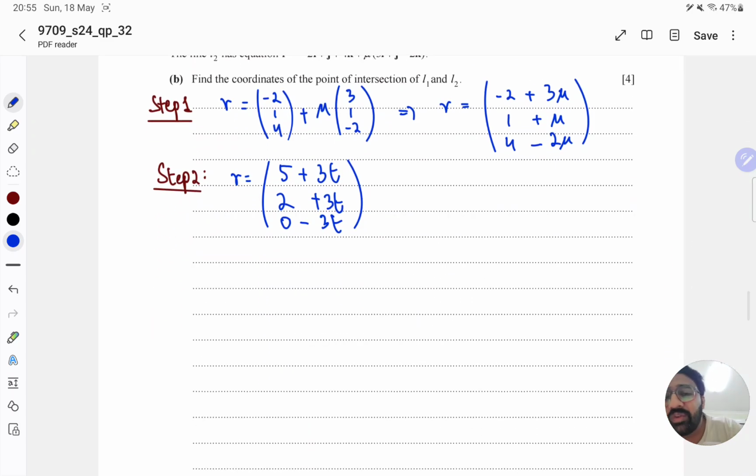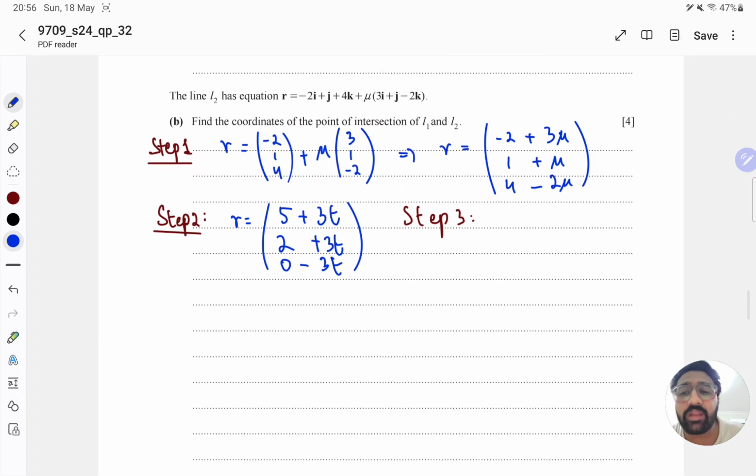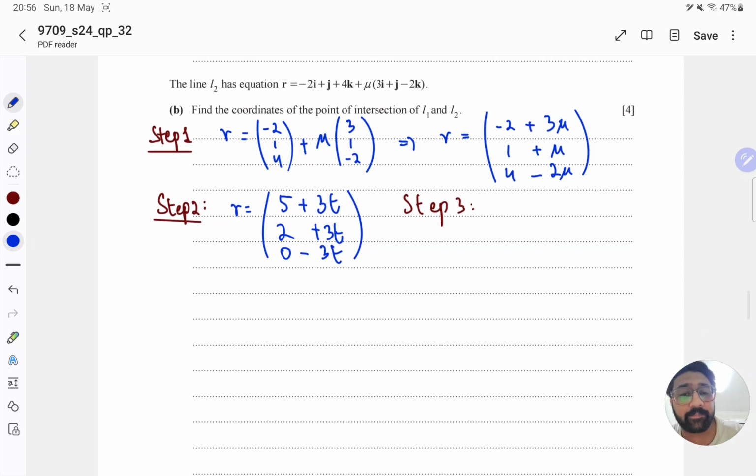Now step number 3: I will put both of them equal to each other so that I can find the value of mu or t, so that I can find out the coordinates for the point of intersection.